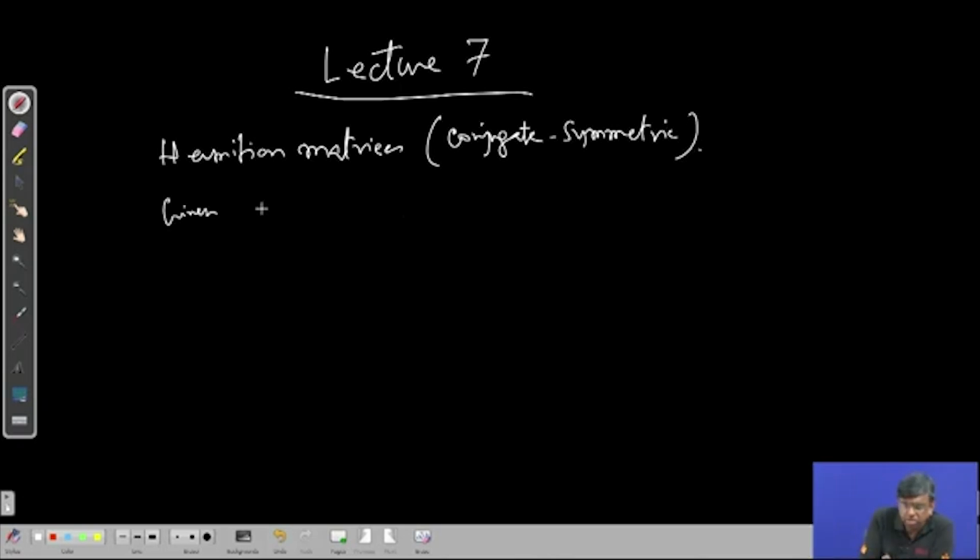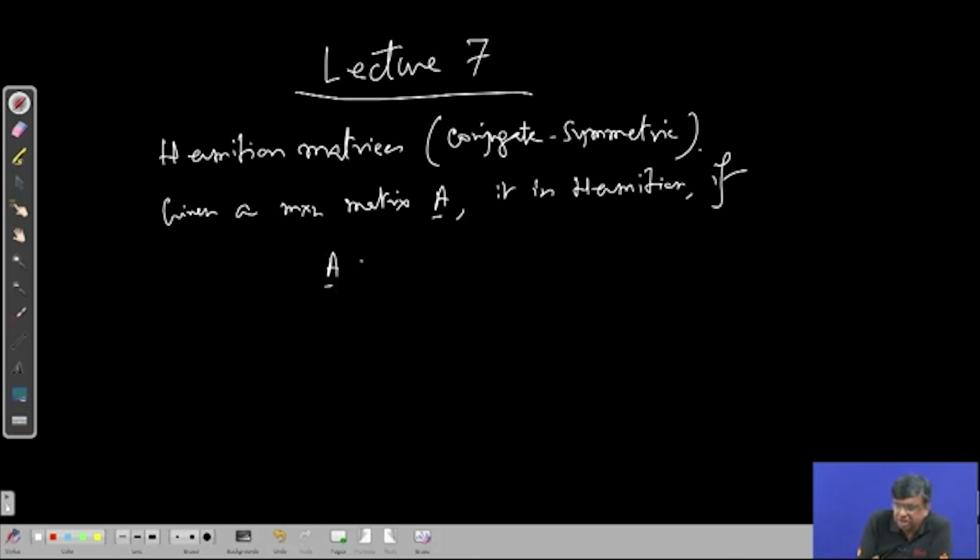Given say an M cross N matrix A, it is Hermitian if the matrix and its Hermitian transpose are the same. That is, if you take A, conjugate every element, then transpose whatever you get, that is on the right hand side, on the left hand side A, and if they are the same, then A is called Hermitian.